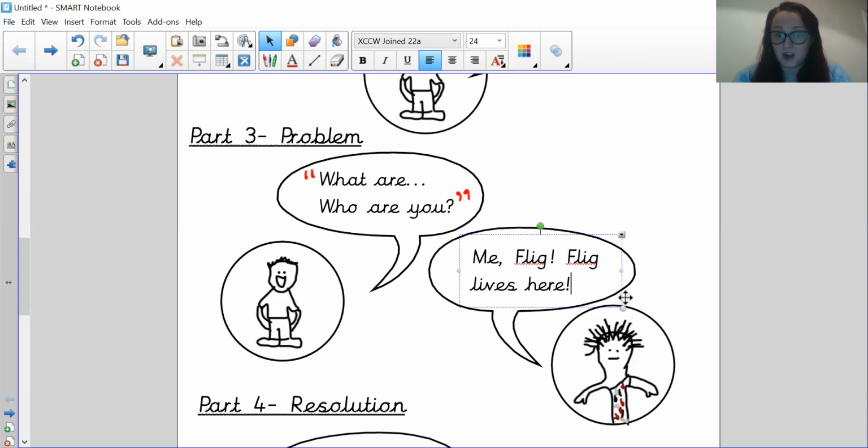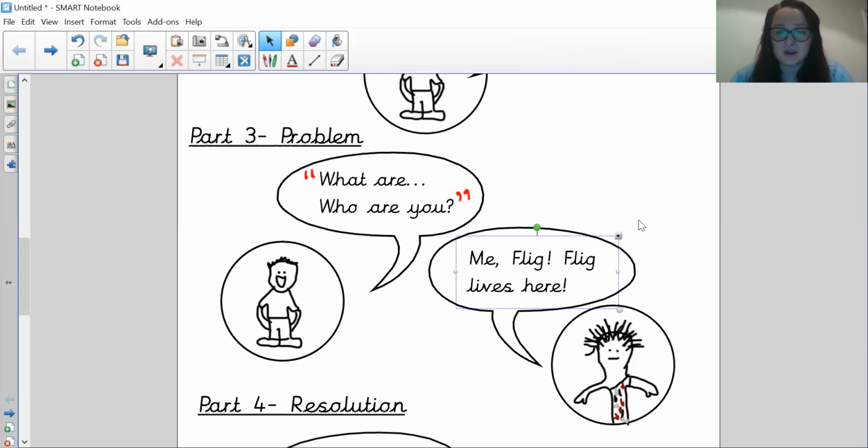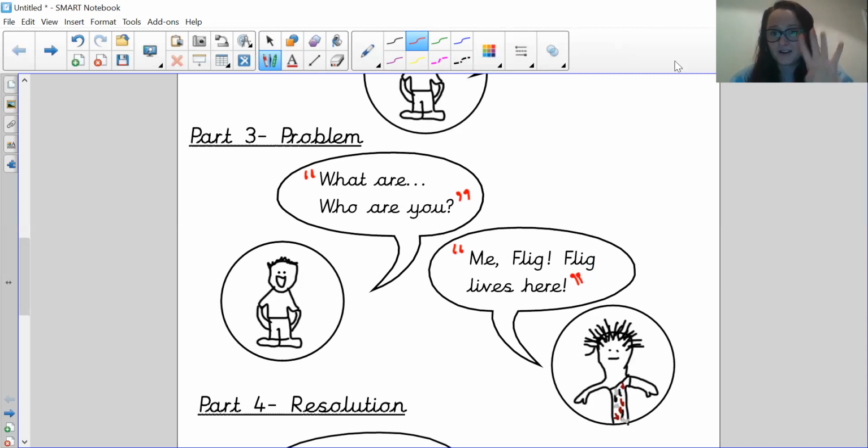And he's saying there basically that Stanley is in Flig's house, the cave. So I'm going to add my inverted commas just as we would do, just to finish off that little bit of dialogue. Super duper do.